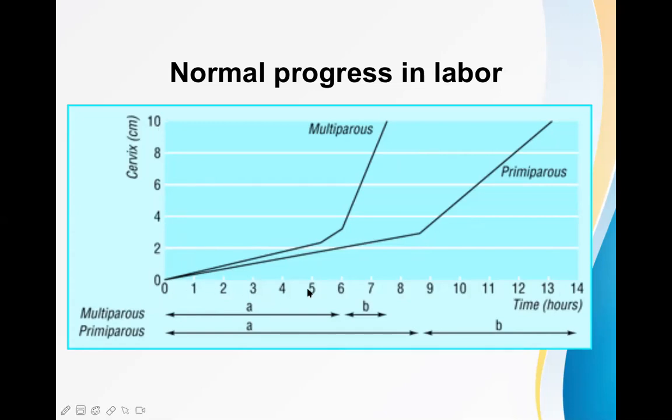This is the amount of time taken in multiparous and primiparous women. The primiparous takes a long time to reach that 10 centimeter, according to this graph almost 13 hours. And in the case of multiparous, it takes just 7 hours. So this is the difference between a multigravida or multipara and a primigravida or primipara woman.